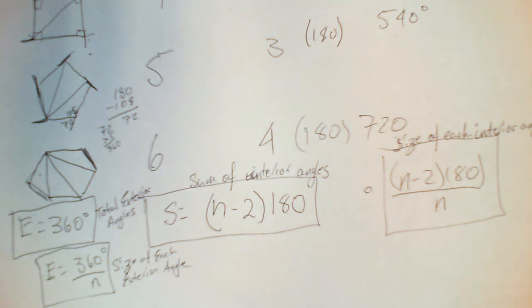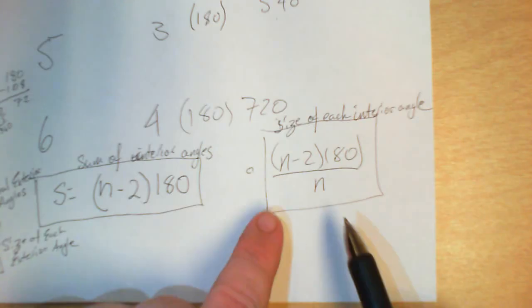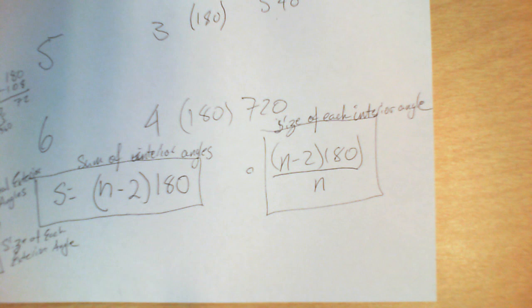So if I have a shape that's 8 sides, class, how many triangles will I have? Six. I will have 6 triangles, which then I'll just multiply by 180 degrees. And if I want to figure out how much each interior angle is, I divide by just the number of angles that I have.